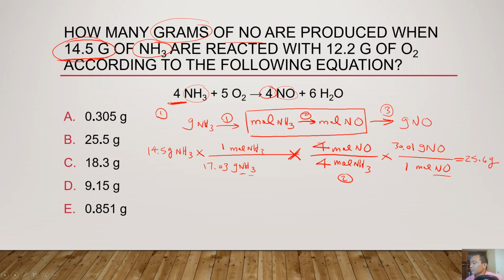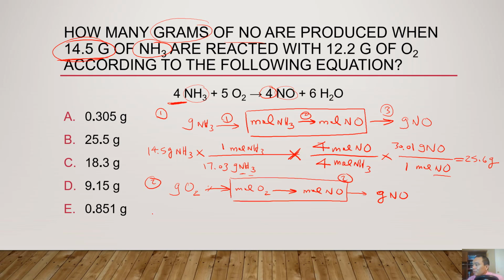Similarly, you can do the other calculation based on oxygen. I'm not going to go into that much detail this time. It's going to be converted from grams of O2 to mole of O2, then mole of NO, then grams of NO. We write this calculation stepwise.